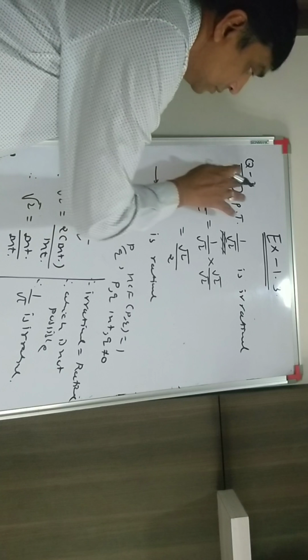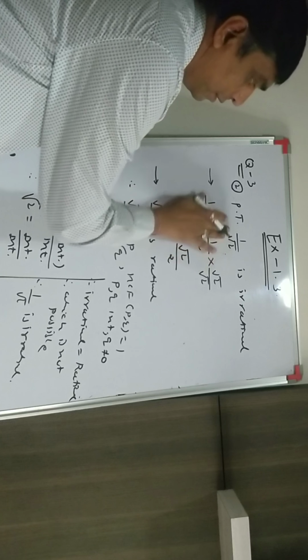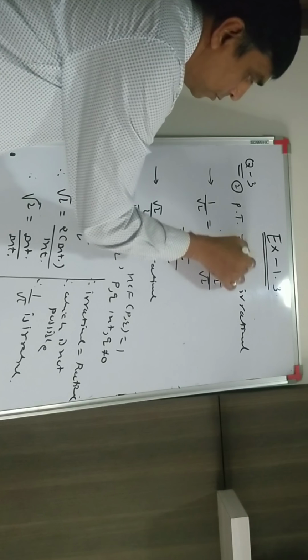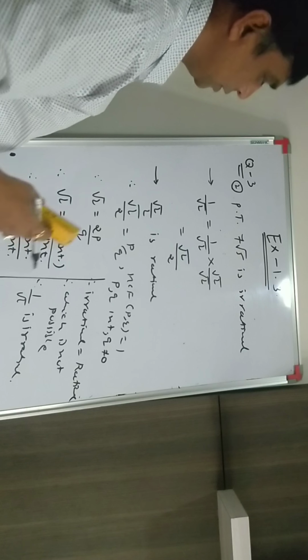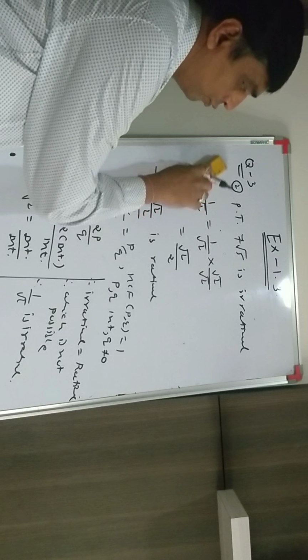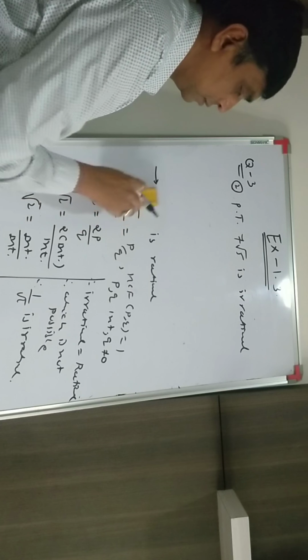Question 3, number 2. We have to prove that 7 root 5 is irrational. So as usual, same proof.